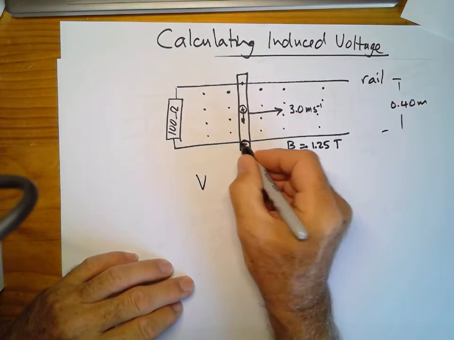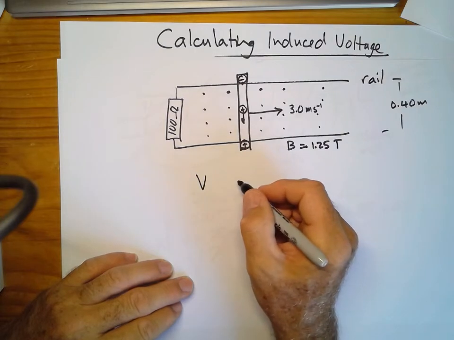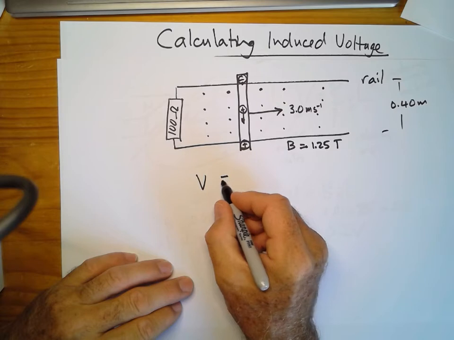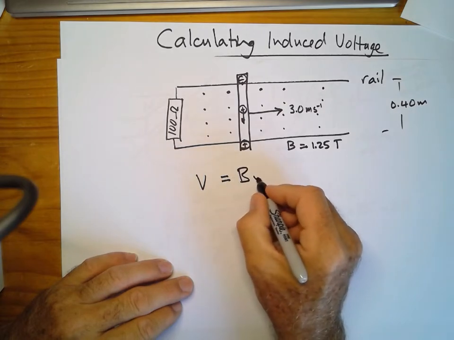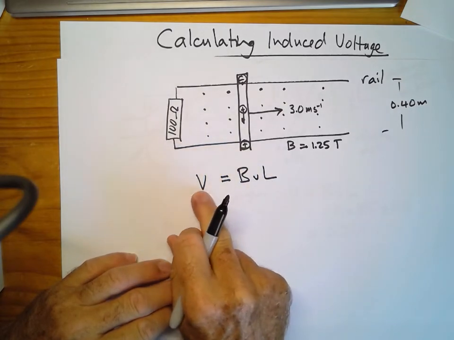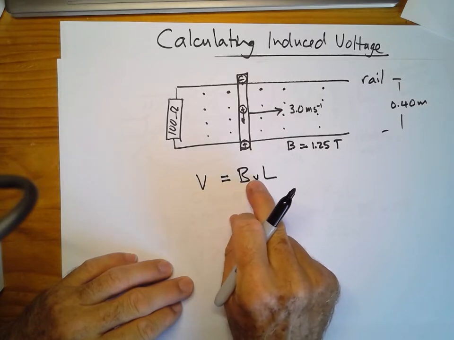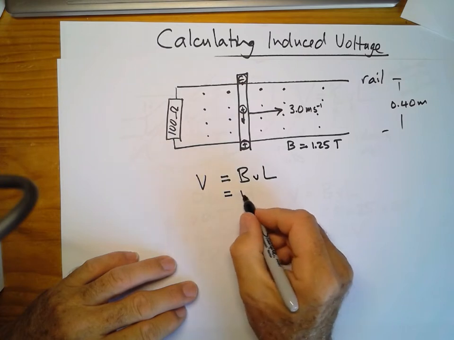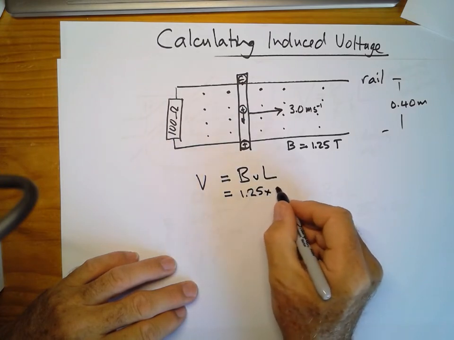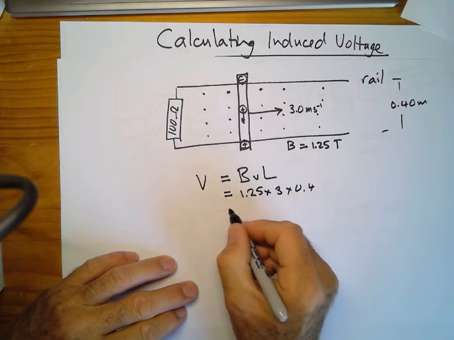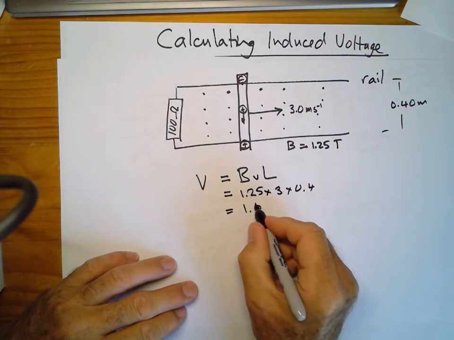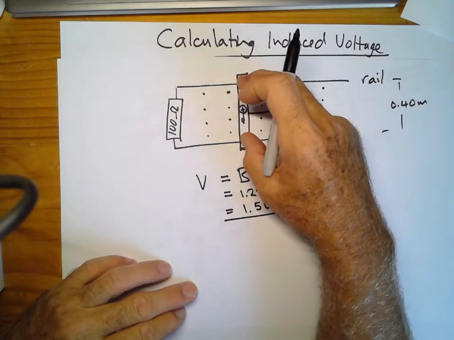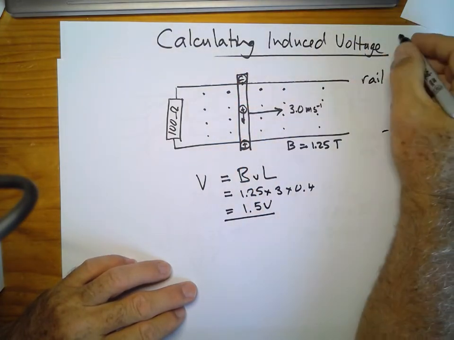They end up here and here, and we can calculate the voltage, again BvL, capital B magnetic field, little v velocity, and L length, is equal to 1.25 times 3 times 0.4 equals 1.5 volt. That's the voltage which is induced across here, the induced voltage, the induced EMF.